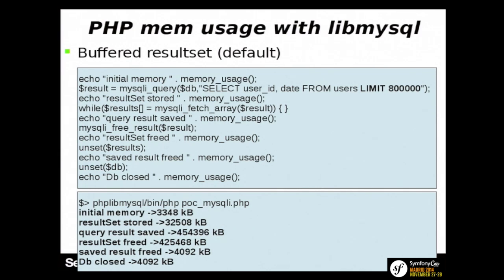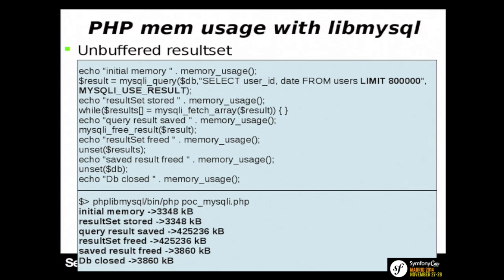When you store the result, you eat about 32 megabytes of memory, and then when you fetch the results, you start using something like 400 megabytes of memory, okay? I have the result, and simply fetching it and transforming it to an array gives me a boost in memory usage, which is just not good for me.